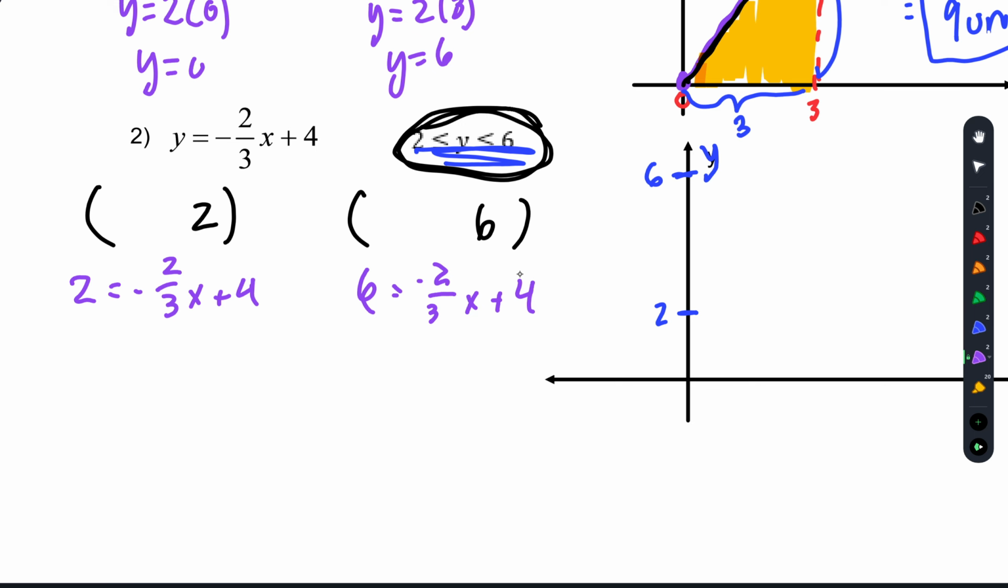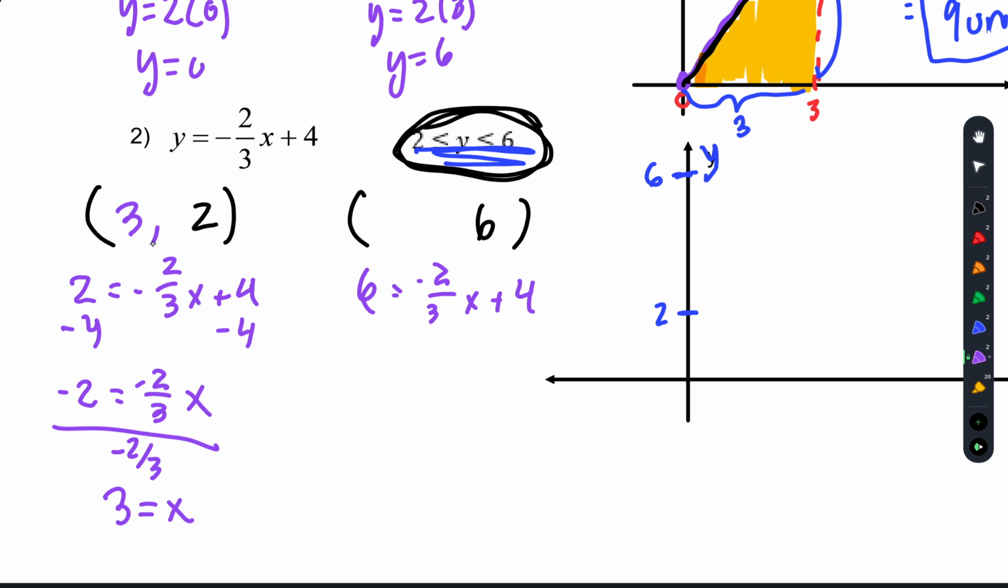Now we're just going to solve for x so that we can figure out what those x values are going to be. So minus 4. This is -2 equals -2/3 x. If we divide by -2/3, that's the same as multiplying by -3/2. So we could rewrite that as +3 is our x.